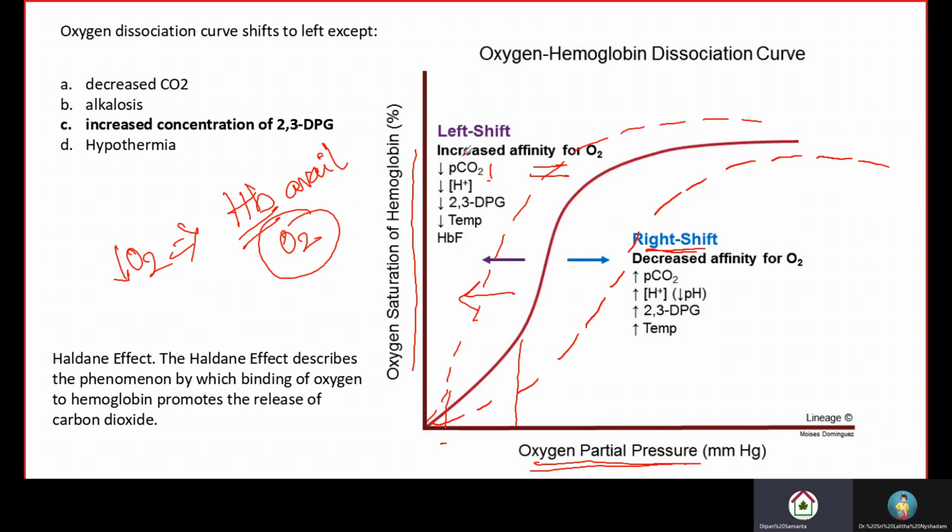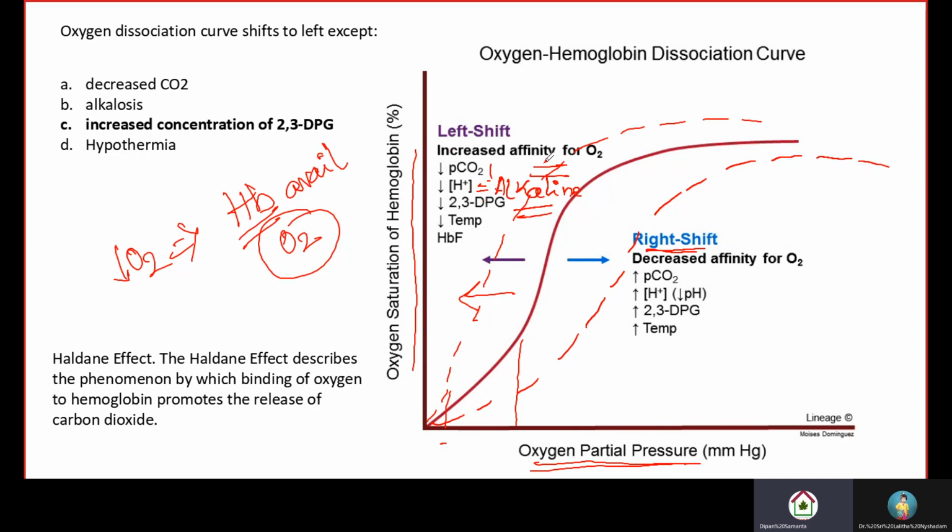If H plus concentration decreases, that means the blood becomes alkaline, and O2 binding affinity will increase. Hypothermia, temperature decrease: oxygen affinity towards hemoglobin will increase.